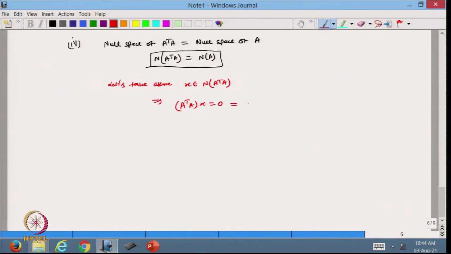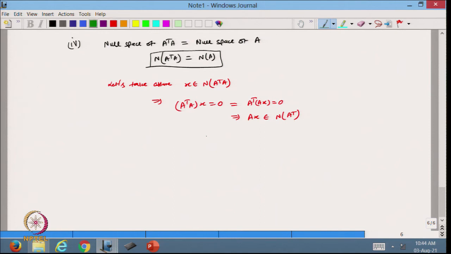From here I can write that if A transpose A x equals 0, then Ax belongs to the null space of A transpose. So Ax belongs to the null space of A transpose.